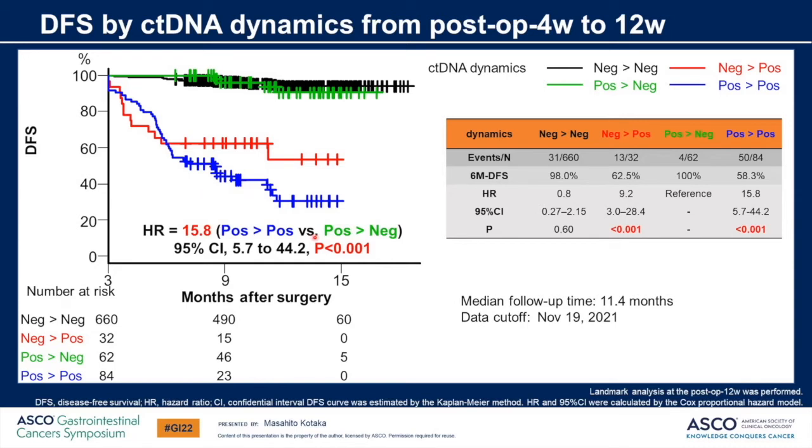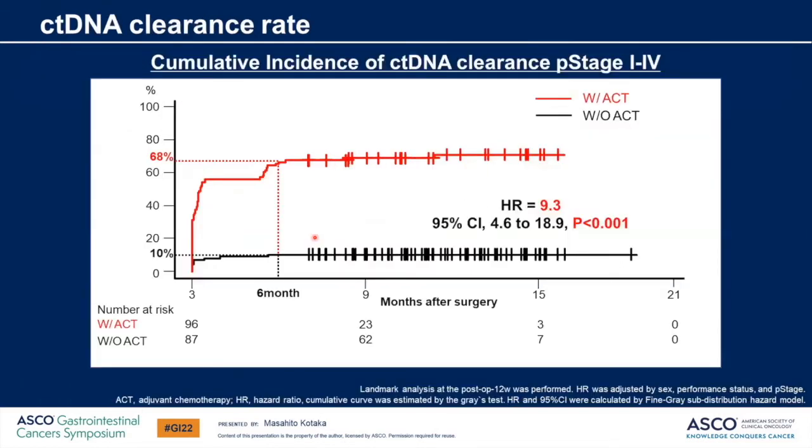All right, final curve, and then we'll zoom back up to the higher level discussions. But the final one is this idea of clearance rate with the chemotherapy. And so these are observational cohorts, meaning these weren't randomized studies, which would be the highest quality, but what you can see is that with adjuvant chemotherapy, about 70% of patients at the end of 6 months were able to have clearance of their ctDNA, right? It was pushed below the level of detection.